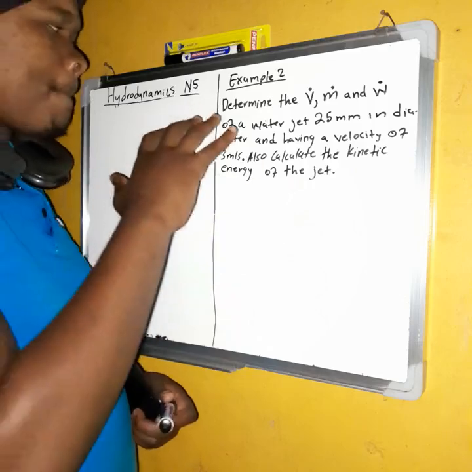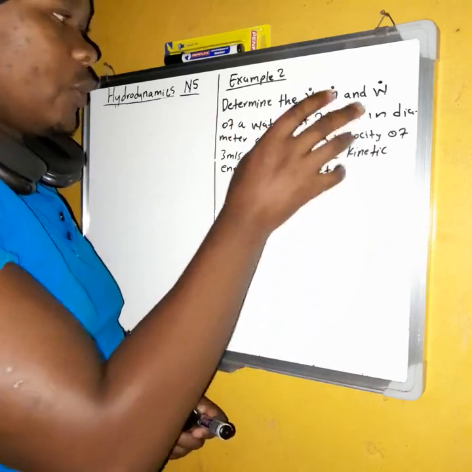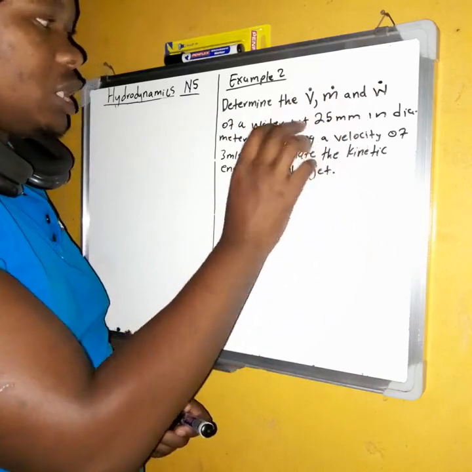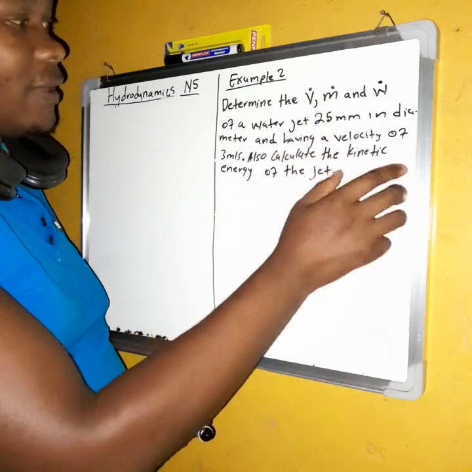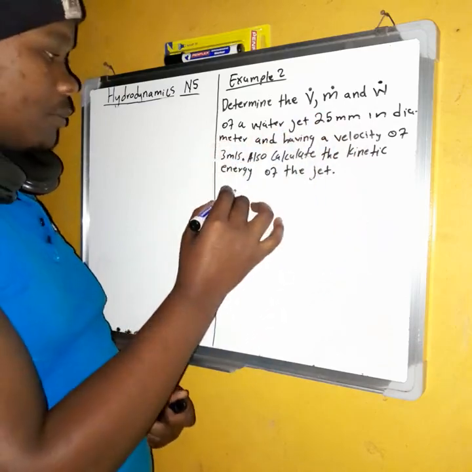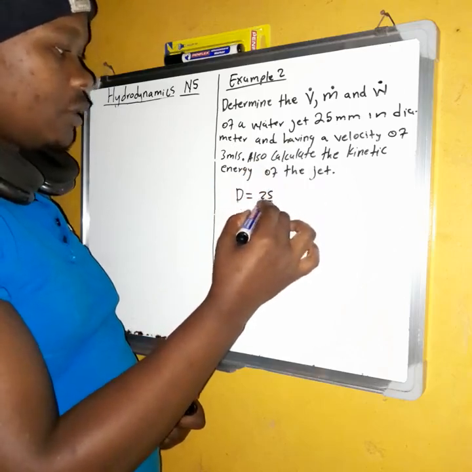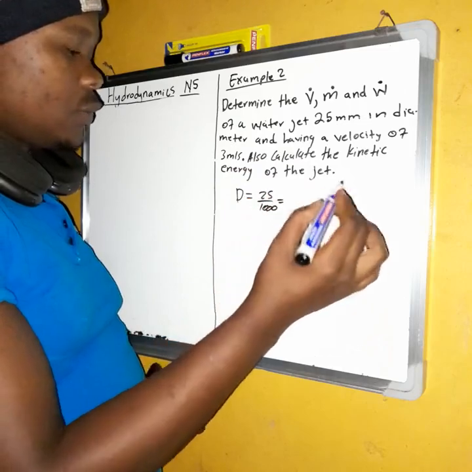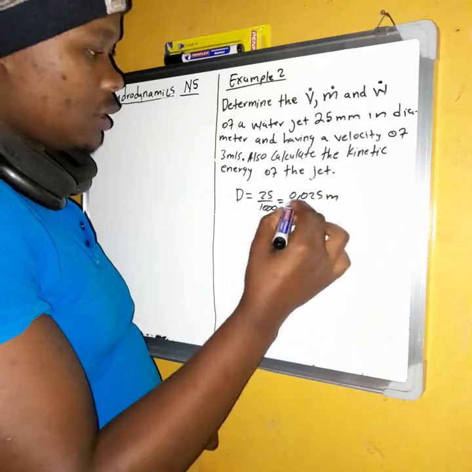So the water jet they've given us is 25 in diameter. It's 25 divided by 1,000, which is 0.025 meter.